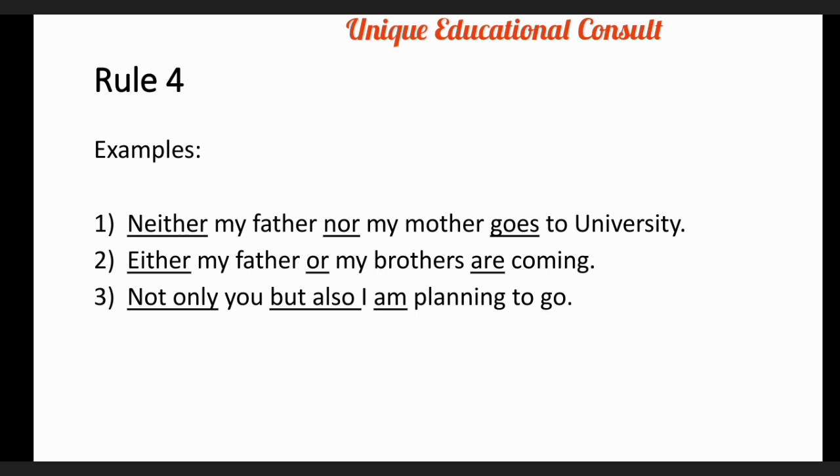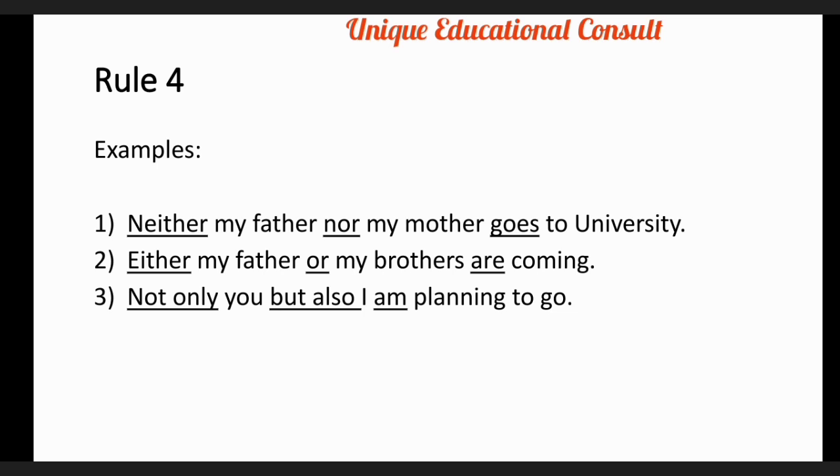That is when we have either or, neither nor, not only but also, or you have or, you have nor. This verb will take the subject that is closest to it.